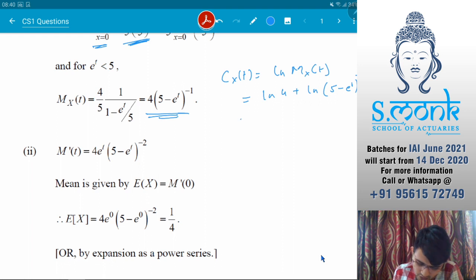Take minus 1 out, and this would be nothing but log of 4 minus log of 5 minus e raised to t. It's always easier to differentiate if we have log value.